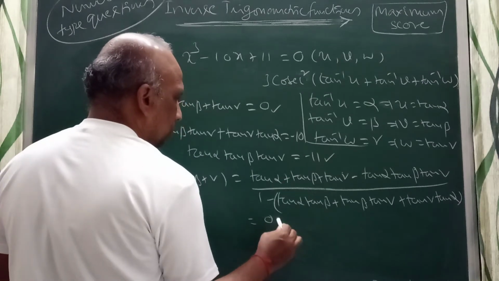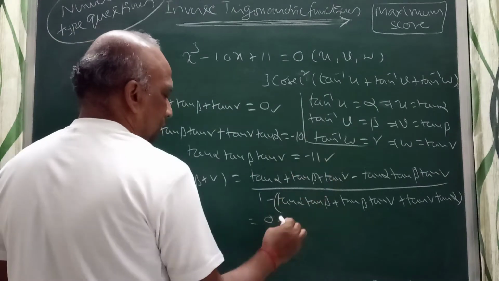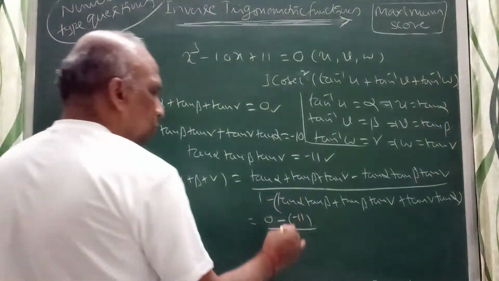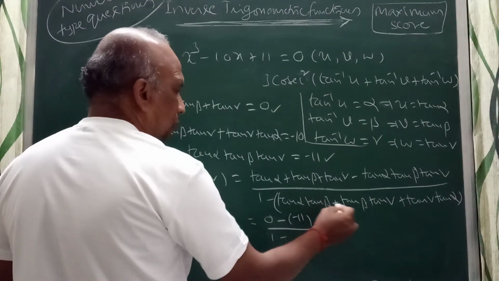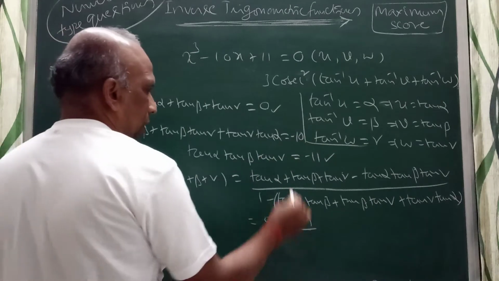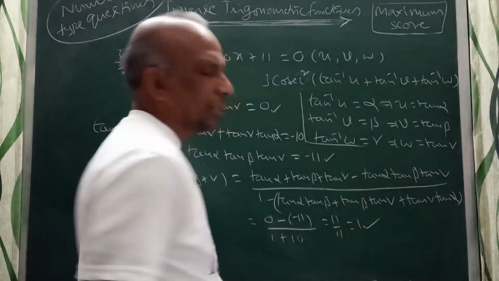This is 0 minus tan alpha tan beta tan gamma, that is minus of minus 11, divided by 1 minus the sum of products two at a time, which is minus 10, so plus 10, you'll get 11 by 11, it gives 1, right?